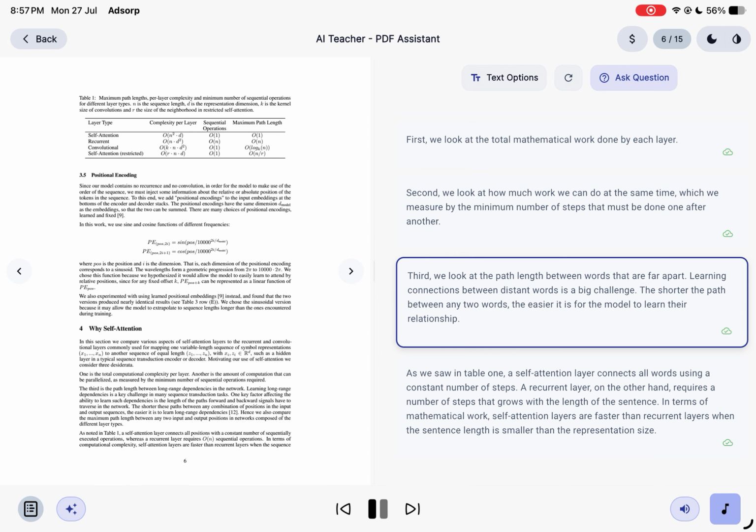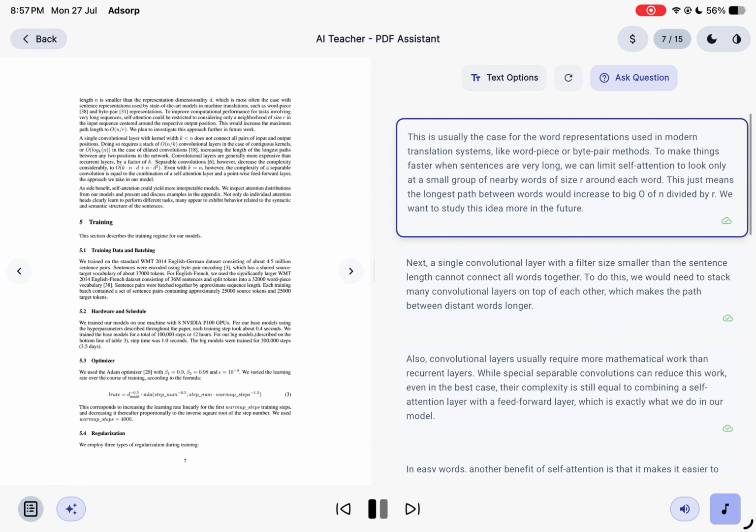As we saw in Table 1, a self-attention layer connects all words using a constant number of steps. A recurrent layer, on the other hand, requires a number of steps that grows with the length of the sentence. In terms of mathematical work, self-attention layers are faster than recurrent layers when the sentence length is smaller than the representation size.